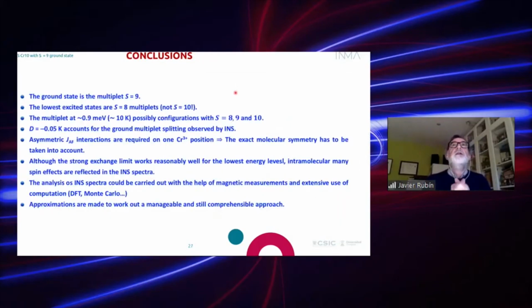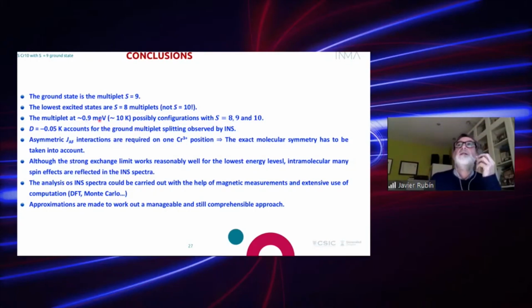And so finally, we can see from inelastic neutron scattering the ground state, the multiplet of total spin 9, but the lowest excited states are spin 8 multiplets, not spin 10 multiplets as previously claimed.